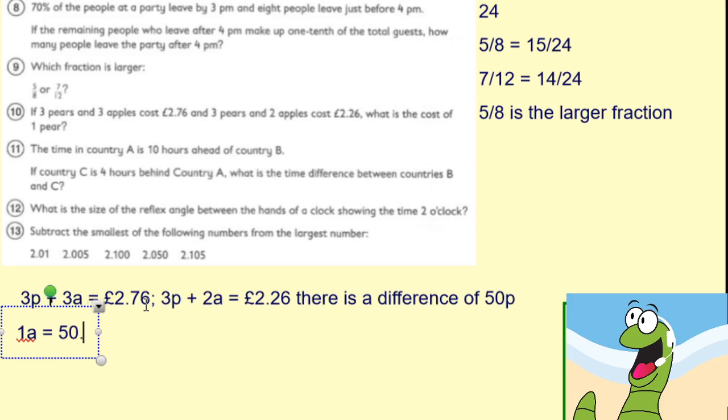So we know that one apple is 50 pence. So 2 apples would equal £1.